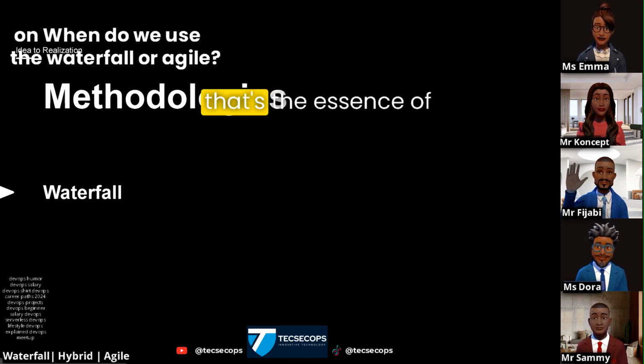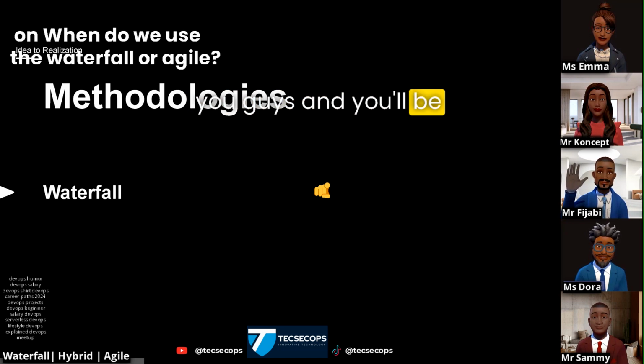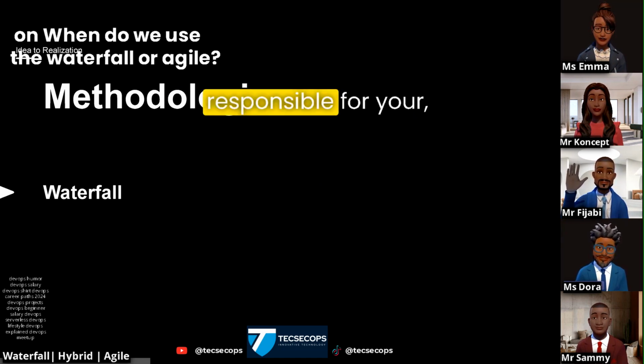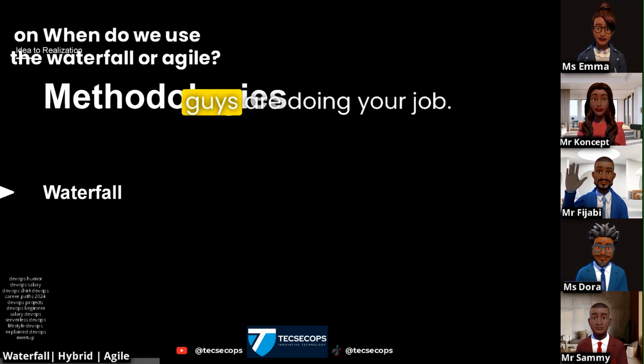Yeah, I mean, that's the essence of you guys being on this call. You guys have to deliberate on what's best, because at the end of the day, most of this meeting is going to be between you guys, unless you want to nominate somebody to be responsible, because all I'm gonna do is make sure you guys are doing your job.